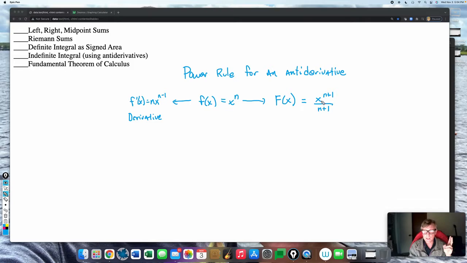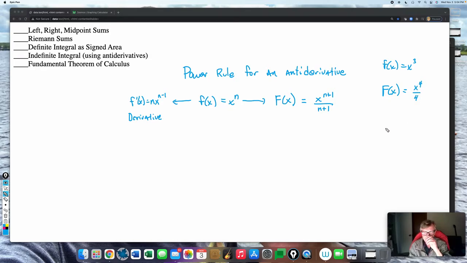Let me say that again. Instead of multiplying and subtracting, we're adding and dividing. And since you added first before dividing, this is not divided by n, this is divided by n plus 1, right? So if your function that you're given is x cubed, then your antiderivative is x to the fourth divided by 4.